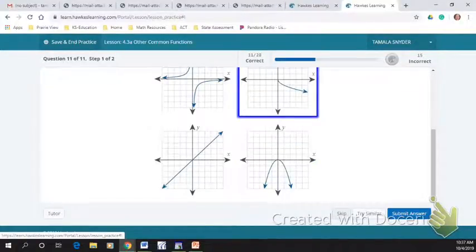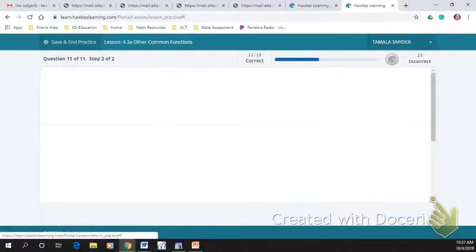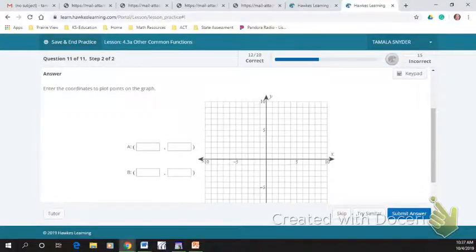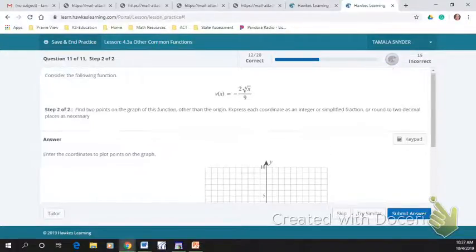If you were going to submit 2 points for that, enter the coordinates for 2 points. What numbers would you want to pick? Notice, I think on this one it will let you round to 2 decimal places. So if you pick a number that doesn't have a nice fourth root, you can round to 2 decimal places.